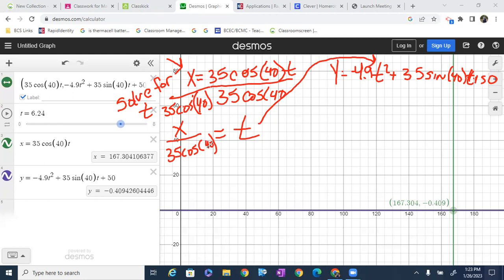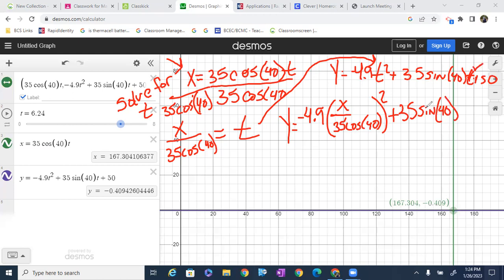Okay. So let's do that now. I'm going to write y equals negative 4.9 times x over 35 cosine of 40, squared, plus 35 sine of 40.